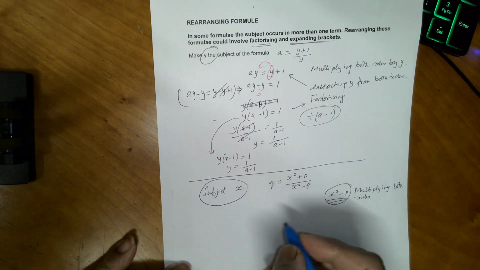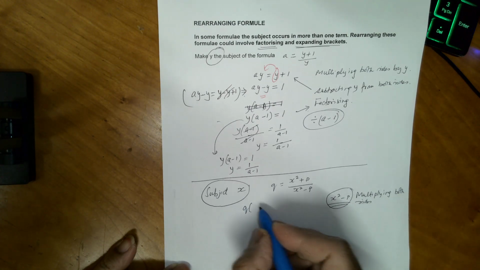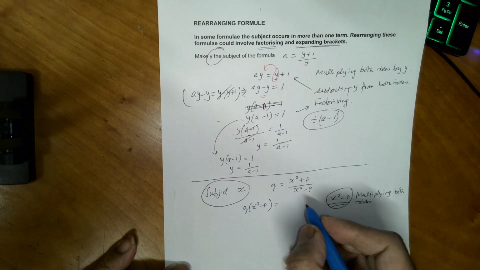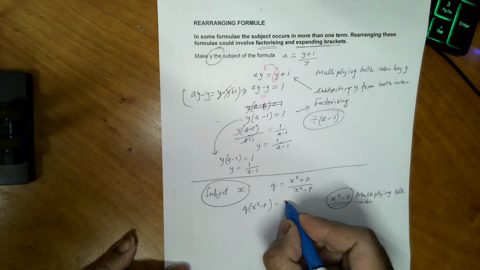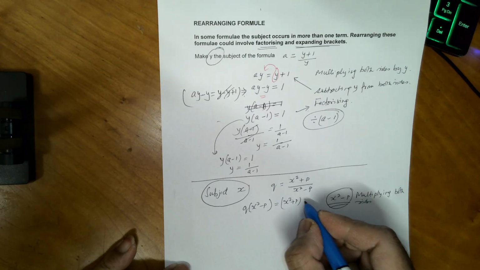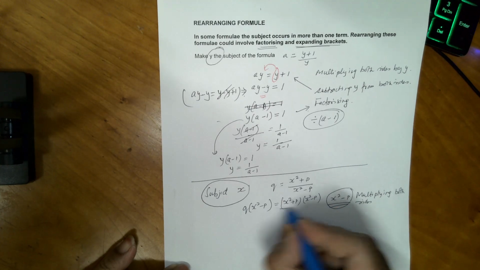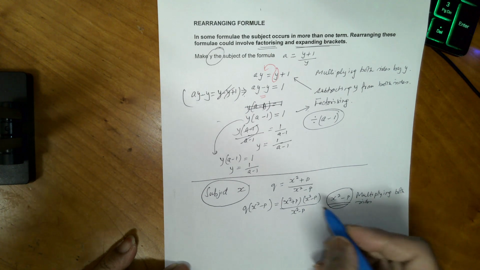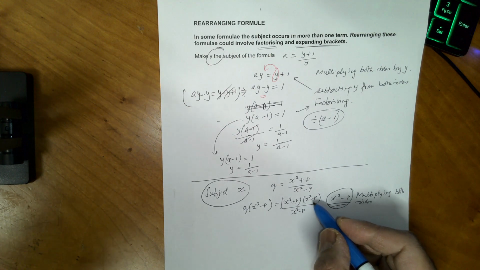So what we will get then: we got q here already, q times x square minus p equals x square plus p, you got x square minus p. Okay, so you're multiplying with x square minus p.